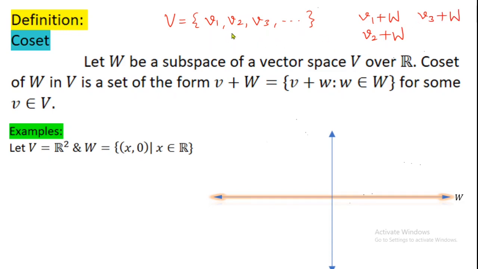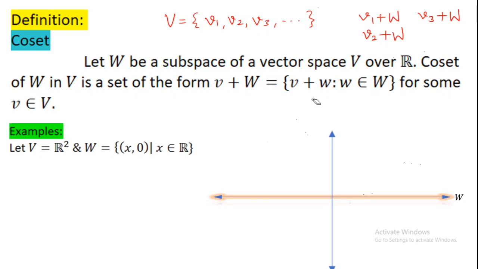So corresponding to each element of a vector space, we can find what? A coset. Now the question is, what is this coset? The coset v plus W is equal to the collection of elements of the form v plus w such that w belongs to W. What is the meaning of this?